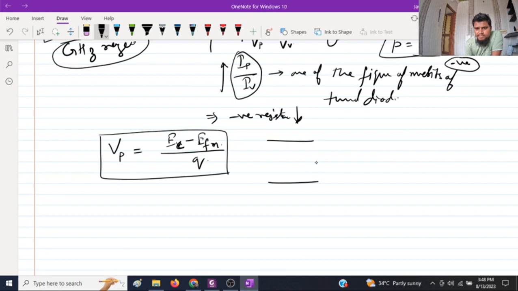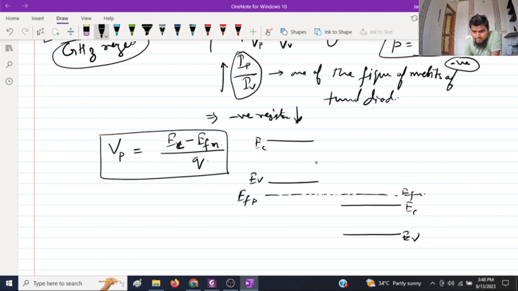So let me derive one expression. Even though in books you will not find these equations, analogically you can. So let's say it is EC, EV, EC, EV, EFP, EF. So this was at zero bias condition, right?